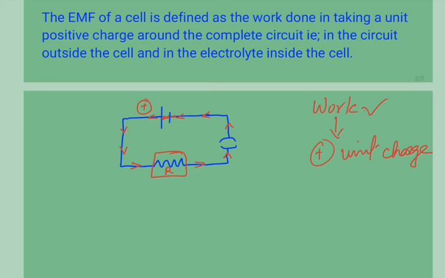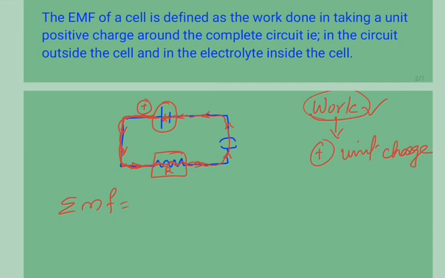So there also we have to do some work. So we can define the EMF of the cell as the work done to move a unit positive charge through the external circuit, that is outside the cell, through the circuit, and also to move the charge inside the cell through the electrolyte.